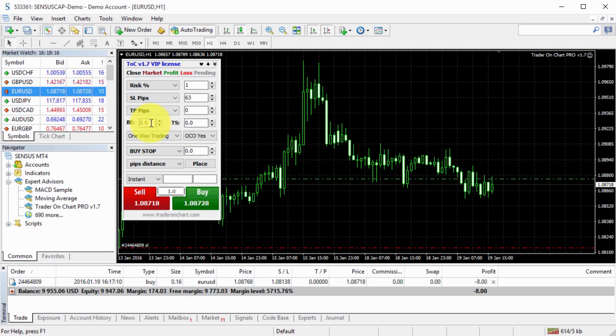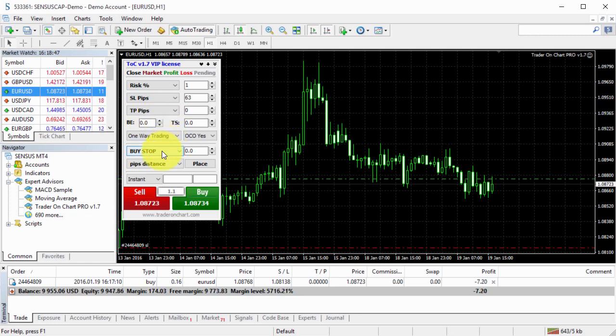So if the price reverses and gets back at you and closes your trade at break-even, you would get your order closed at a small profit just to cover the expenses of your commissions and swap. This is quite a good feature, and clients really love it. People love this because you don't need to figure out how many pips to add in profit and so on. The application does this for you.